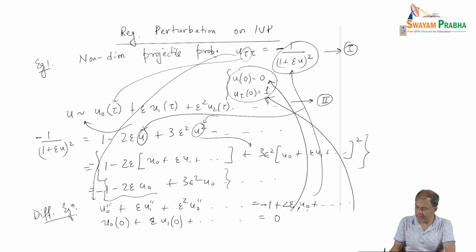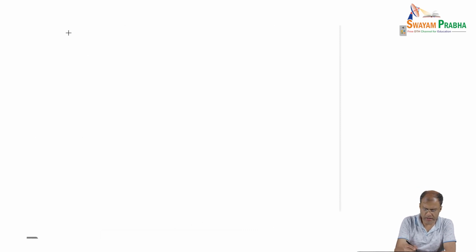And we can start to equate all the order epsilon terms in the initial condition, and we will see that u naught of 0 is 0, u1 of 0 is 0, and so on and so forth. And on the second initial condition we see that u naught prime is 1 and u1 prime is 0, and so on. All the higher order terms are 0. So let me just write what I just said.